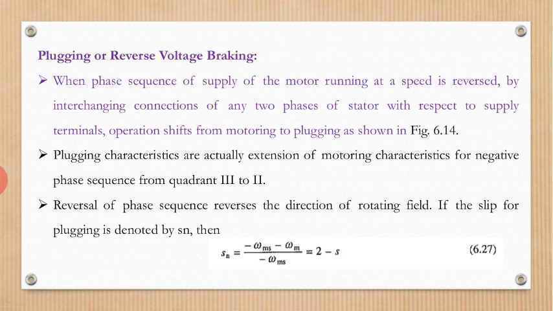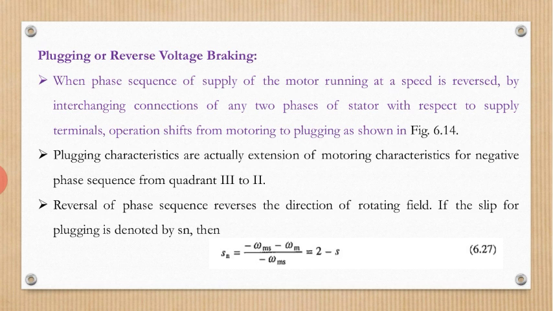I repeat, when the phase sequence of supply of the motor running at a speed is reversed by interchanging the connection, meaning R, Y, B is there and you interchange R and Y, the operation shifts from motoring to plugging.